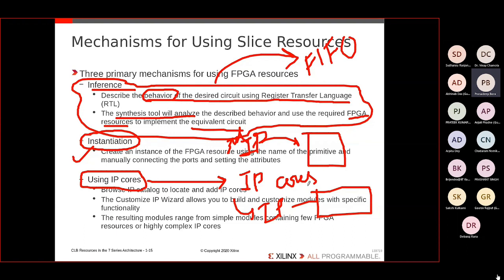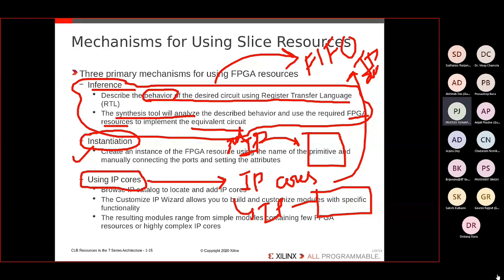That's why Xilinx has provided us with FIFO IP cores. So if I'm implementing a bigger algorithm, or if an IP core is available, it is always recommended to use IP cores, or you can use multiple IP cores and then design your algorithm.